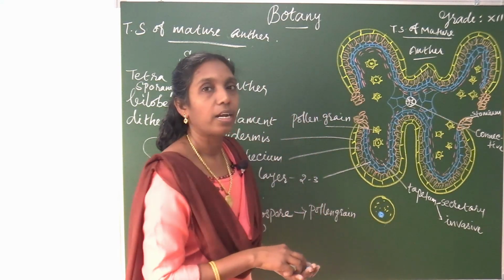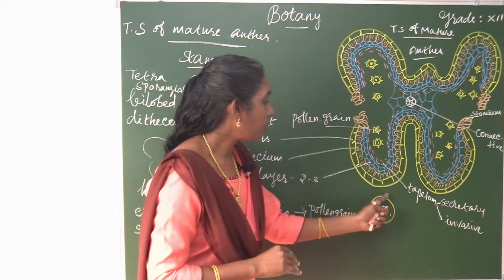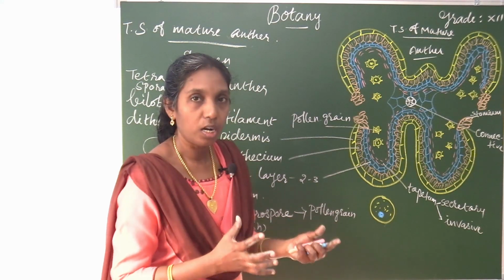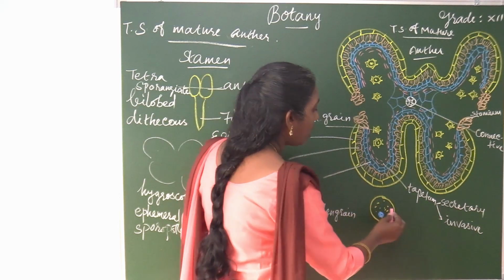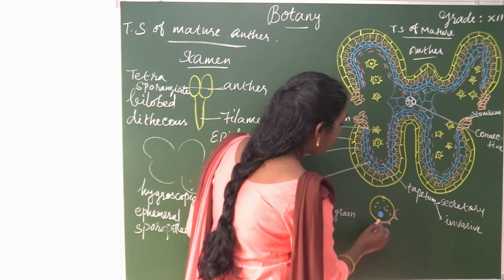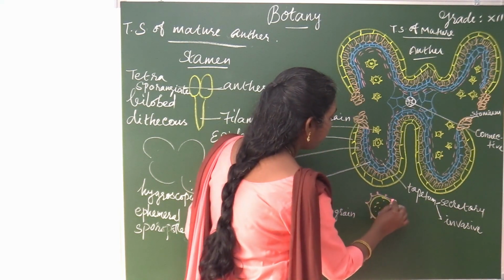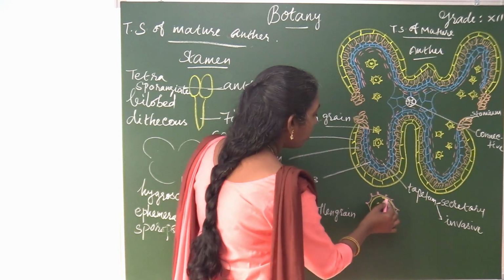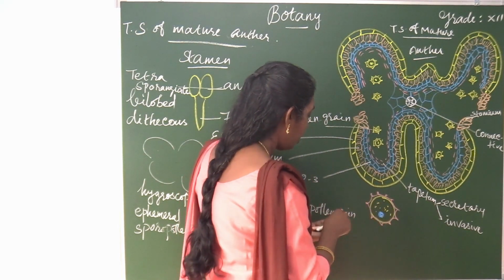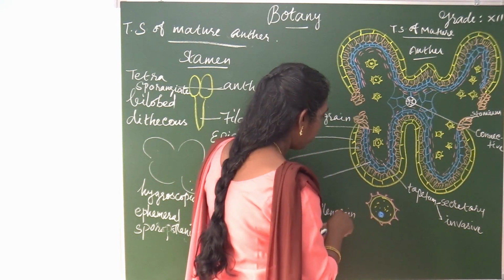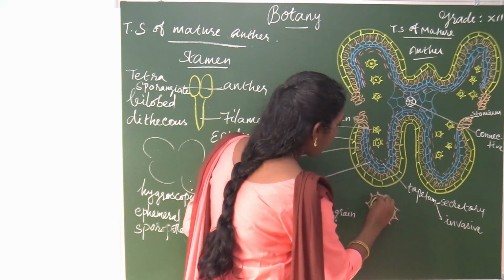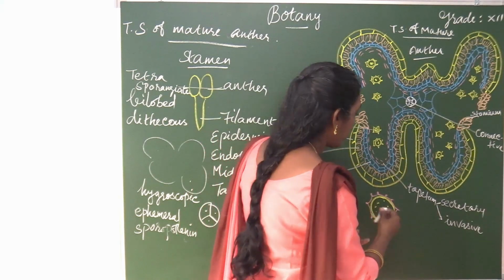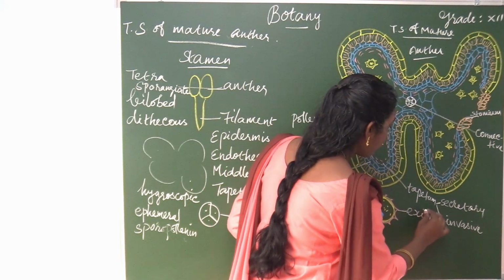And this protoplast is surrounded by wall layers. There are two different wall layers. The outer layer is called exine and the inner layer is called intine. Outermost layer is exine.